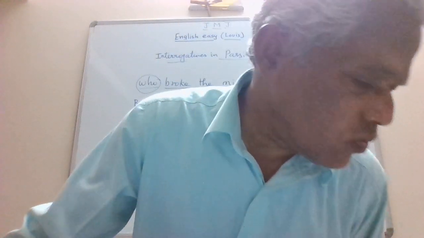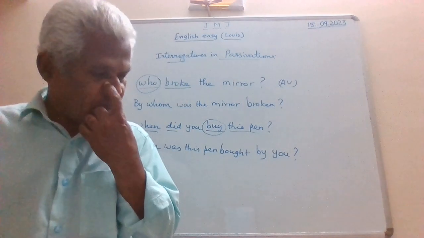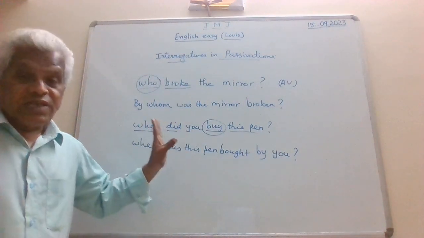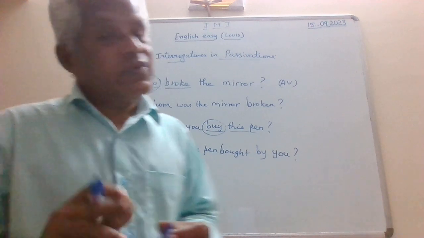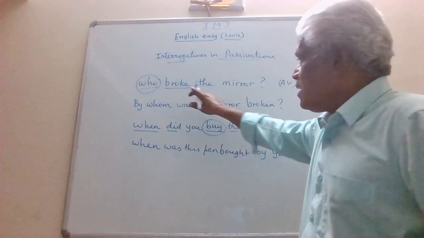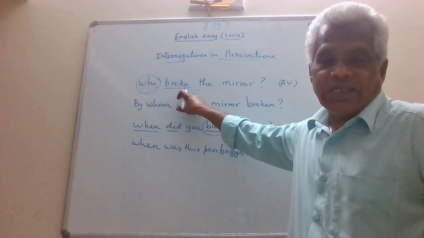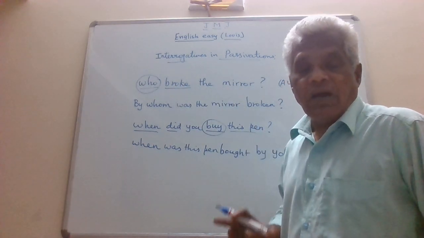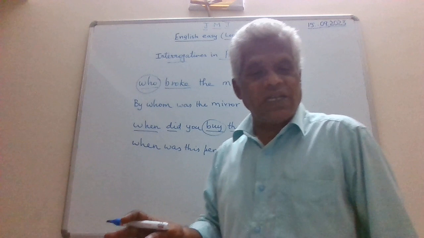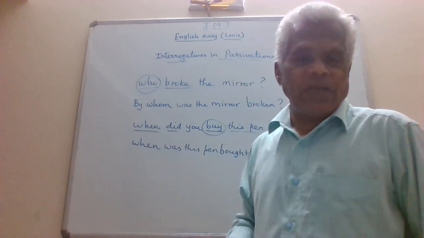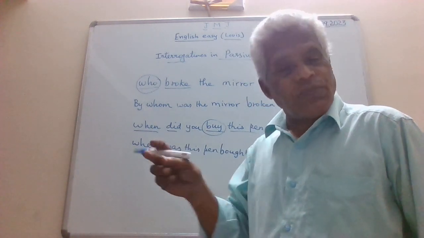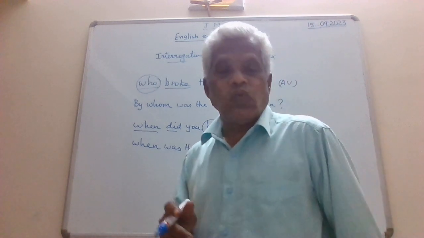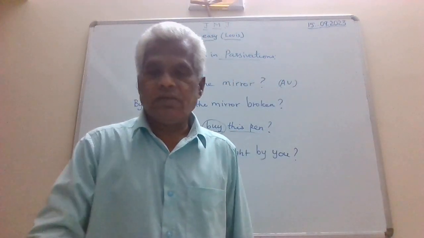Now what you can do is, the same sentence, remember, it can be written in all the tenses. Who broke the mirror, or who breaks the mirror, simple present tense. Who will break the mirror? Who has broken the mirror? Who have broken the mirror?